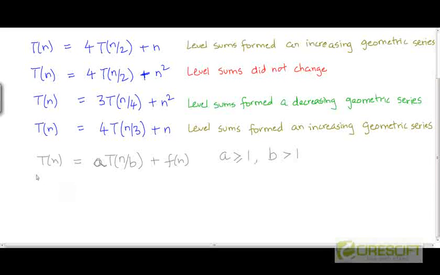So let's now use the recursion tree method, the same method that we've been using on these particular examples, to try to tackle this general recurrence. So let me write down the recurrence again.